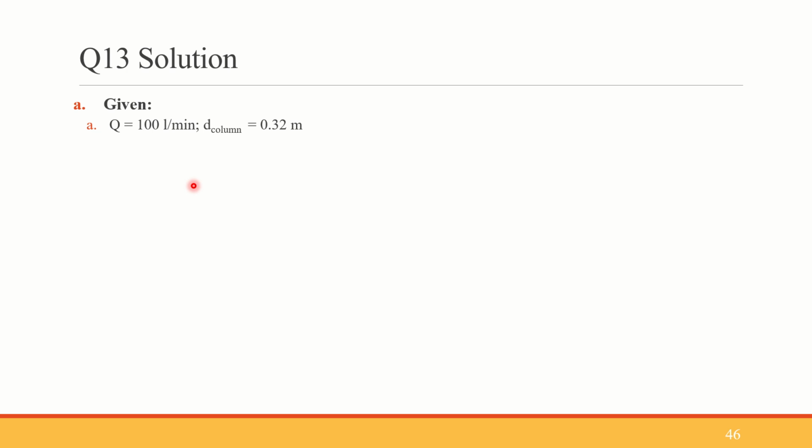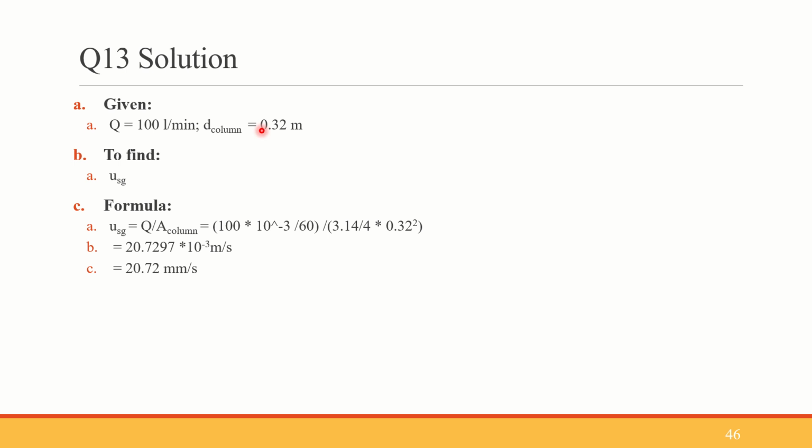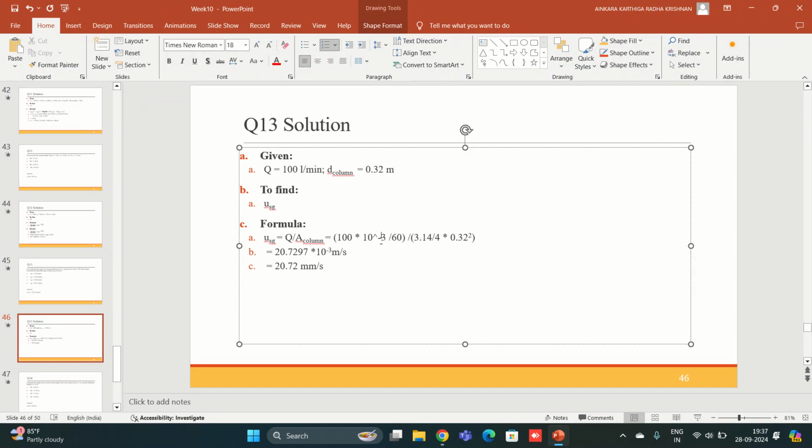Flow rate is given as 100 liters per minute and diameter of column is given as 0.32 meter, and we are asked to find the superficial gas velocity. Now USG is equal to Q by area of the column. Q is 100 liters per minute. 100 into 1 liter is equal to 10 power minus 3 meter cube.